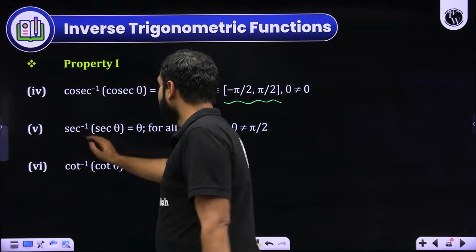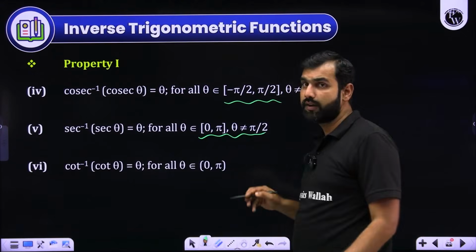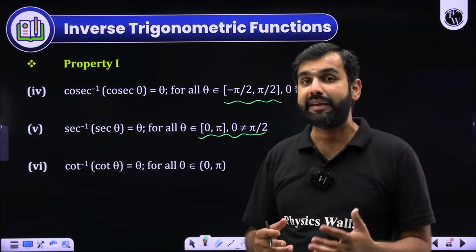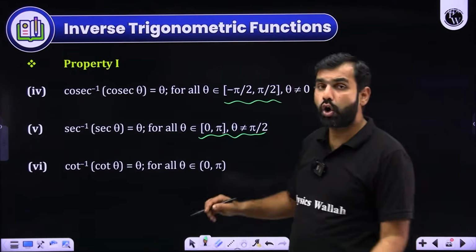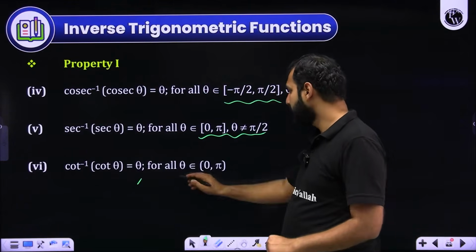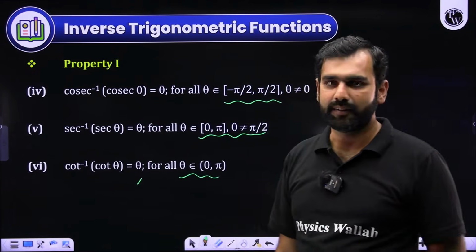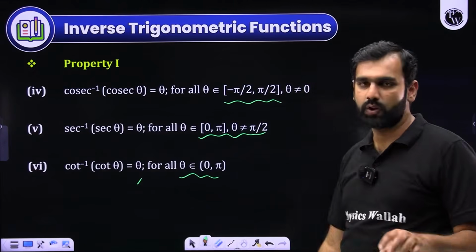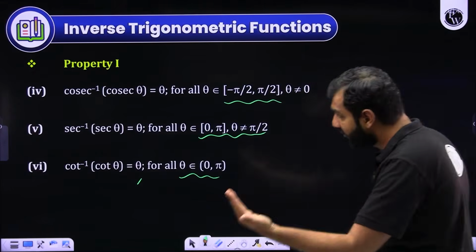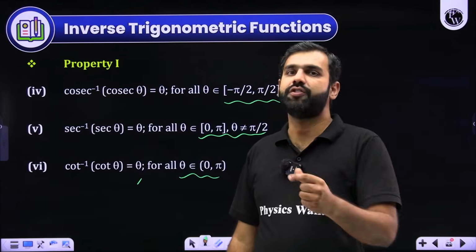Similarly, sec inverse of sec theta, principal value 0 to pi closed interval, but theta cannot be pi by 2, then it will be theta. Similarly, cot inverse of cot theta will be theta, but for that theta should be from 0 to pi open interval. So if you're fulfilling these criteria, then only you will say that f inverse of f of x will be x as far as trigonometric functions are considered.